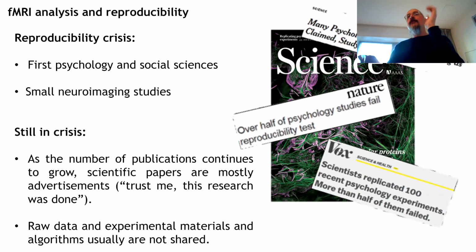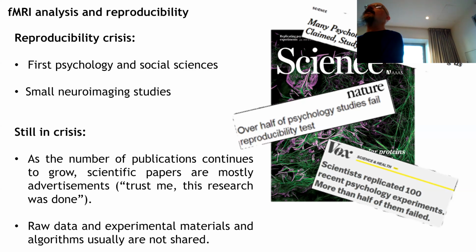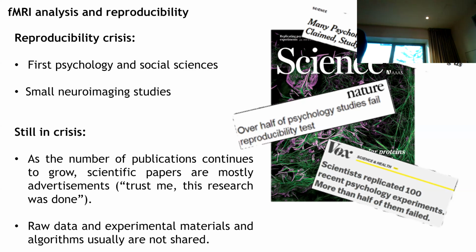Around 2010, there was what we call the reproducibility crisis. I was doing my postdoc at the time, and it got clear attention as it touched firstly psychology and social science. Researchers started to say there are a lot of studies that have been done on a small sample, so let's try to redo them.